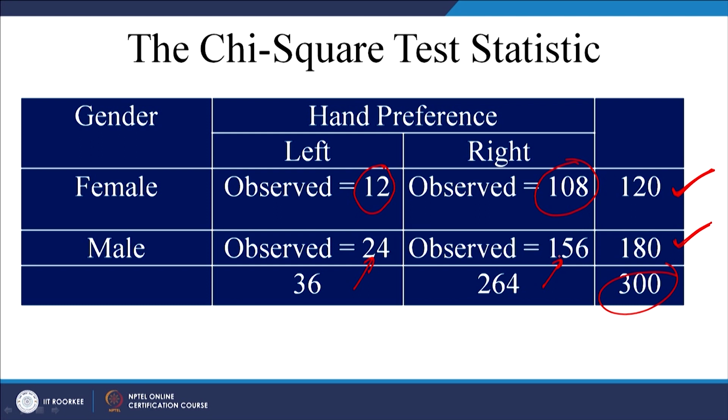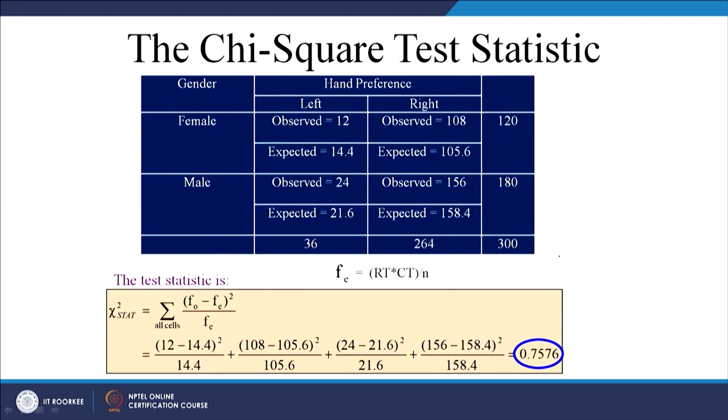Now, you need to calculate chi-square statistic. So, for that, first of all you need to calculate expected frequencies, is not it. Expected frequency can be calculated by this formula, it is row total into column total divided by total number of people whom you have observed, right, n.